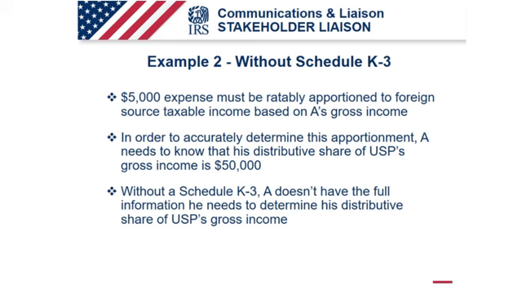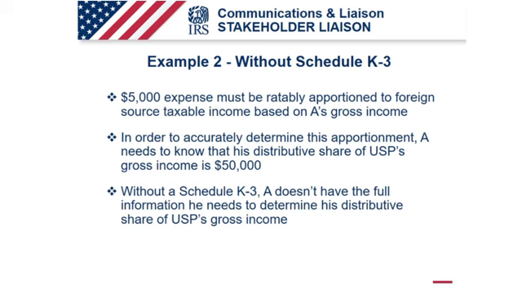If A does not have the Schedule 3, they do not have the full information that they need to determine this distributive share of gross income. So while they may have some information on the K-1, the K-1 is going to include certain income and deduction information that rolls up to the partnership.